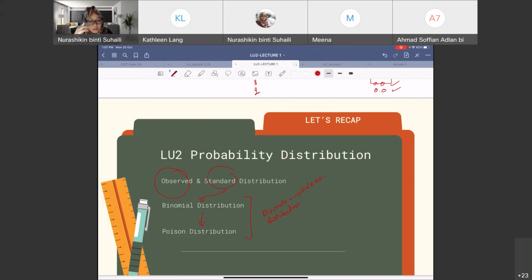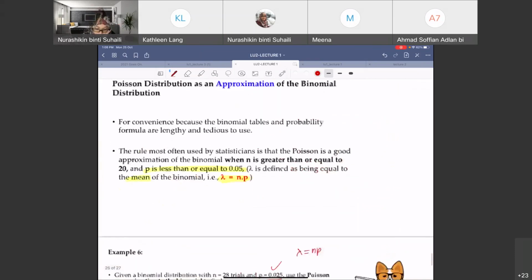For the binomial and Poisson, you have to know the existence of the formula, and you also have to know that if you don't want to use the formula, you can find the values of probability from the binomial table or the Poisson table, depending on the situation. Binomial is for n less than 20. Poisson is when n is greater or equal to 20.